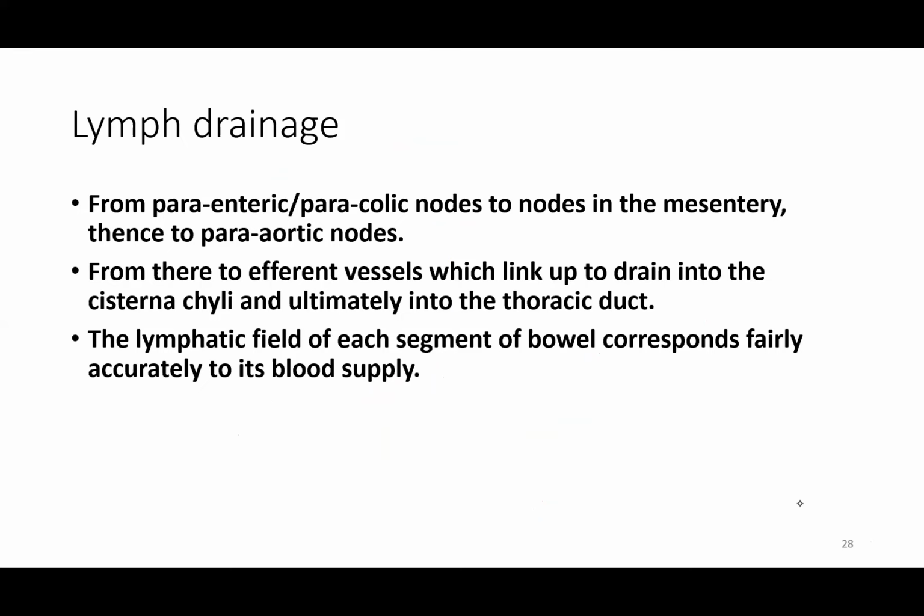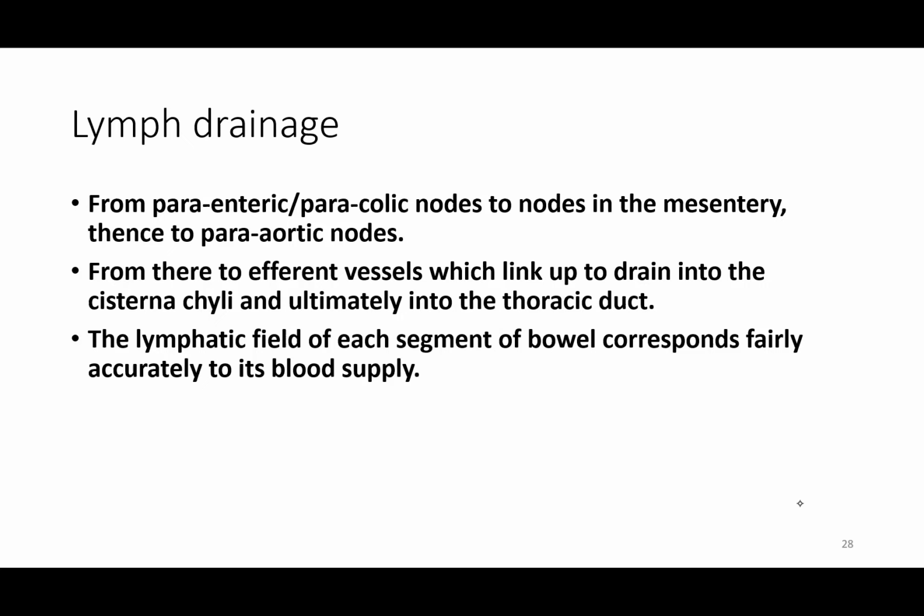And there are those that are around the para-aortic, if this is the aorta. So you can see those that are just adjacent to the colon drain into the intermediate nodes, and they finally drain into the para-aortic group of lymph nodes. So that is how the drainage is distributed, okay?